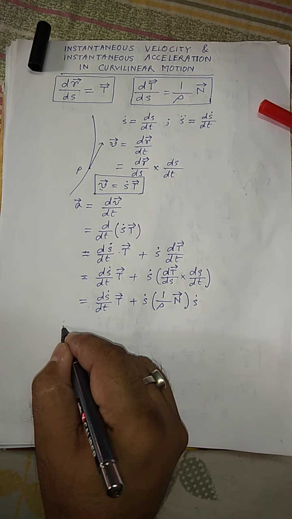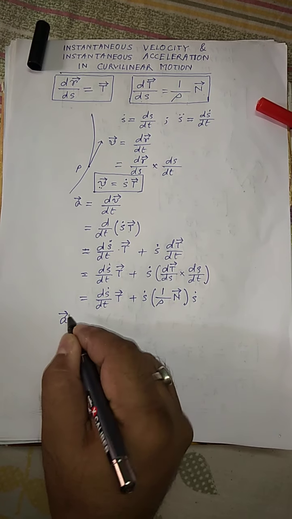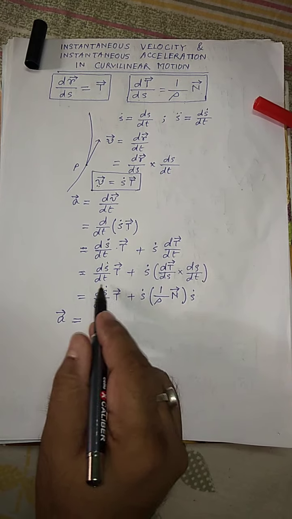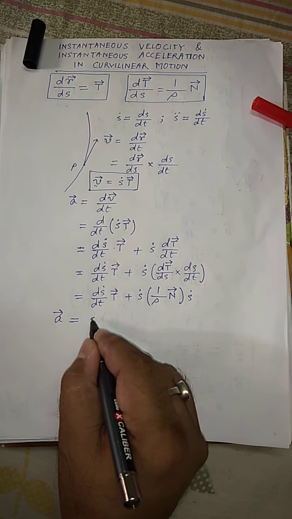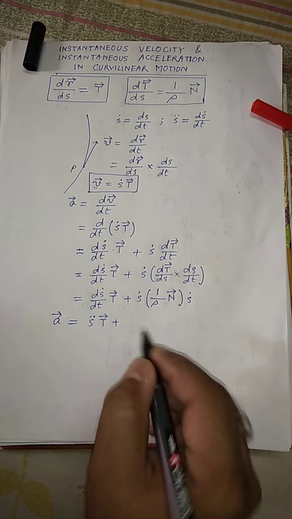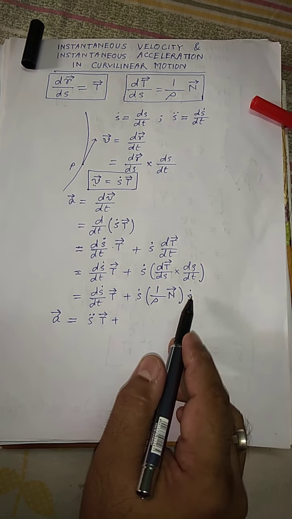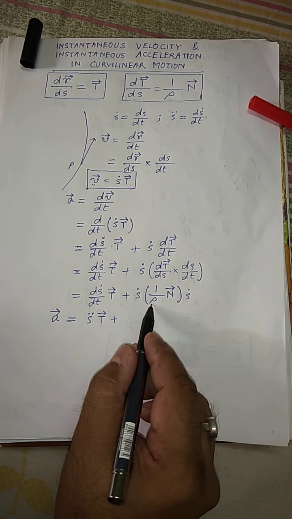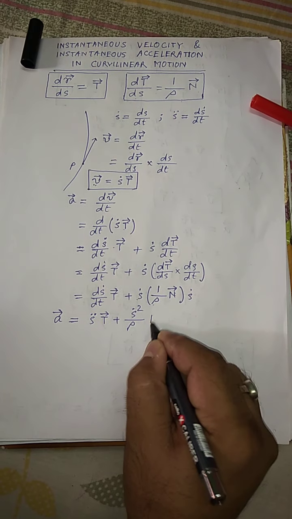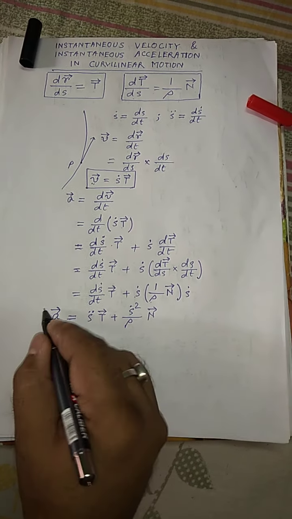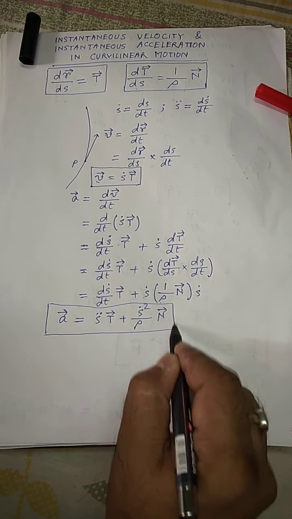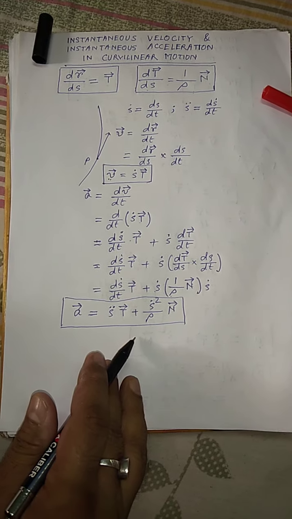Thus we get the final expression for the instantaneous acceleration of the particle, and it is given by, in place of ds dot dt, we write s double dot unit tangent plus s dot squared divided by rho unit normal, and this is the final expression for the instantaneous acceleration of the particle.